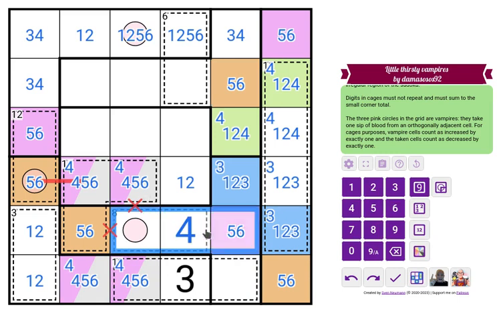And the cage of 8, so this has been increased by some.